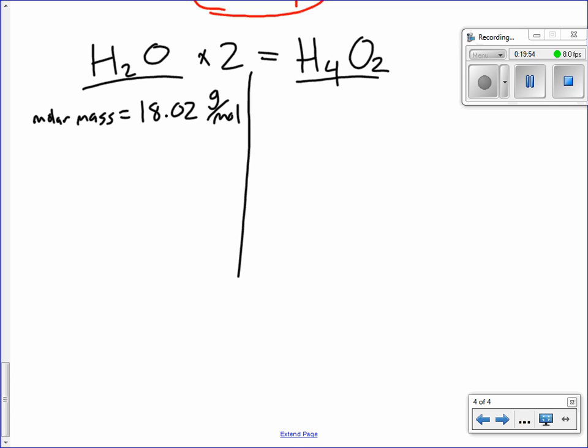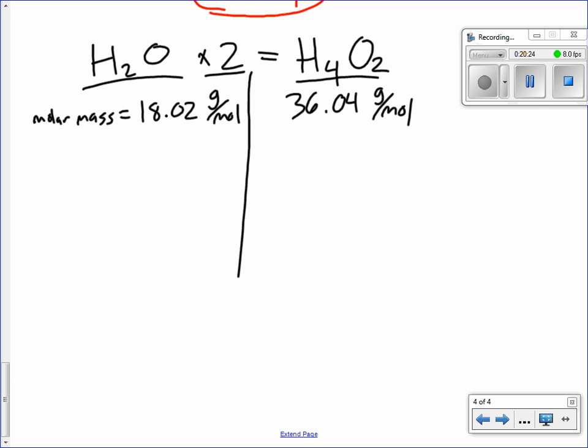Okay, it's going to be double. You're going to do the same thing. 36.04 grams per mole. Okay? And it makes sense because you just have double the number of atoms, which is where the molar mass comes from, right? So the molecular formula will have, if we're talking about a doubled molecular formula, doubled the molar mass of the empirical formula.